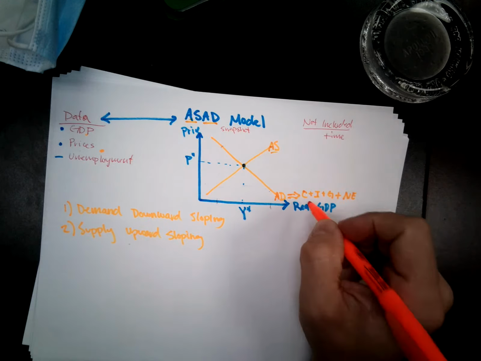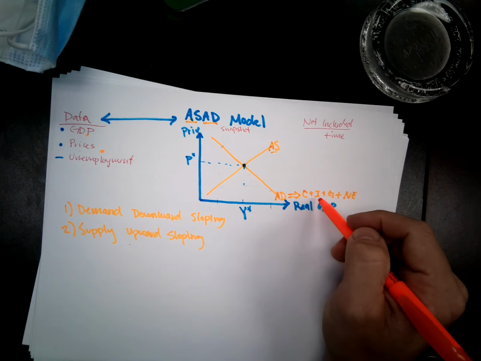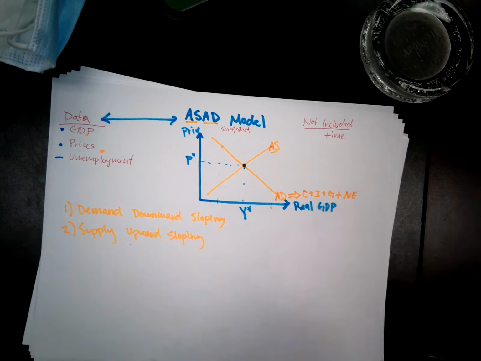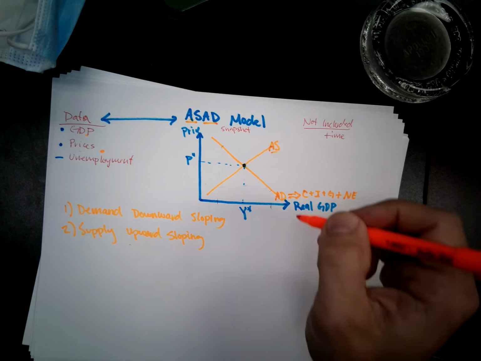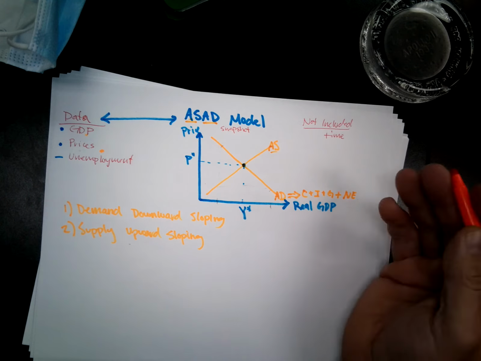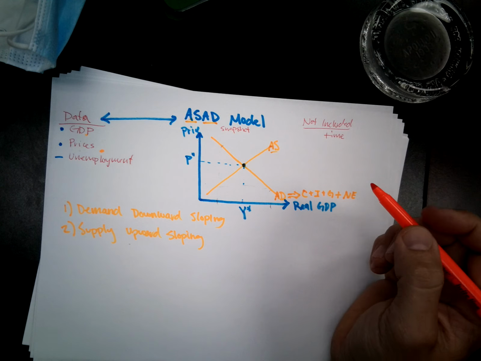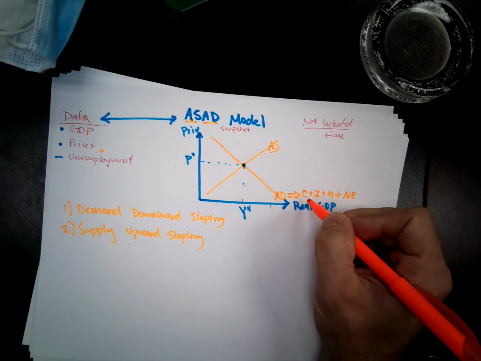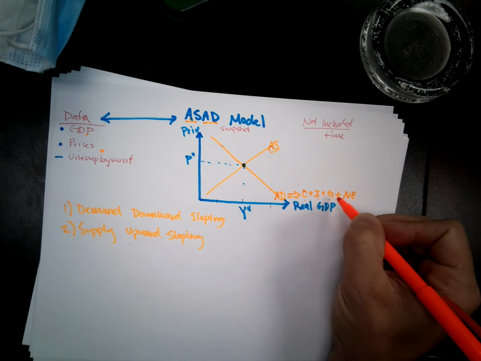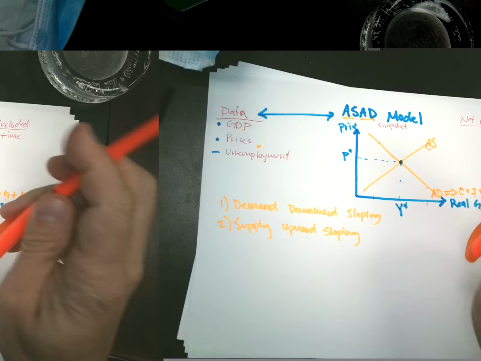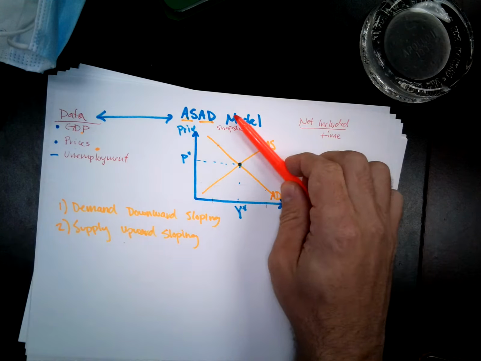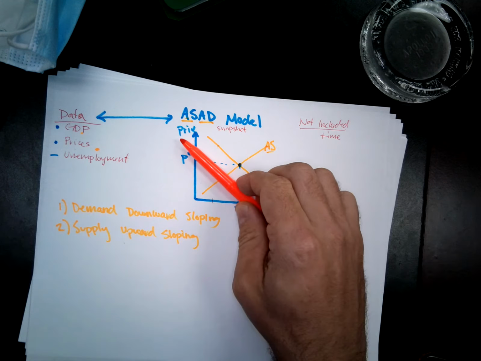And it's very important that you know each of these elements. Why? Because if we know these elements, we can see that changes in any of these are going to have the effect of shifting the aggregate demand curve.